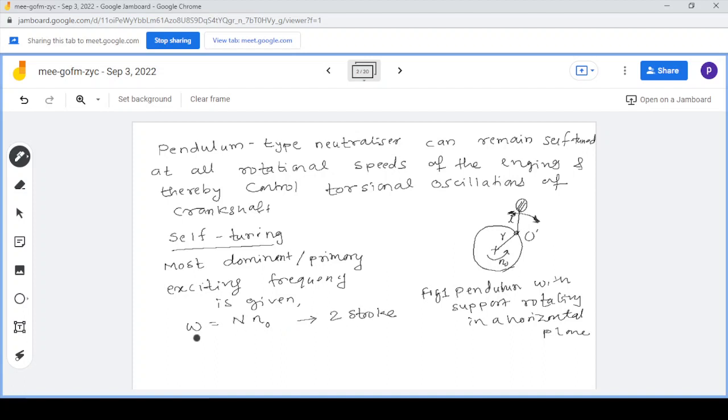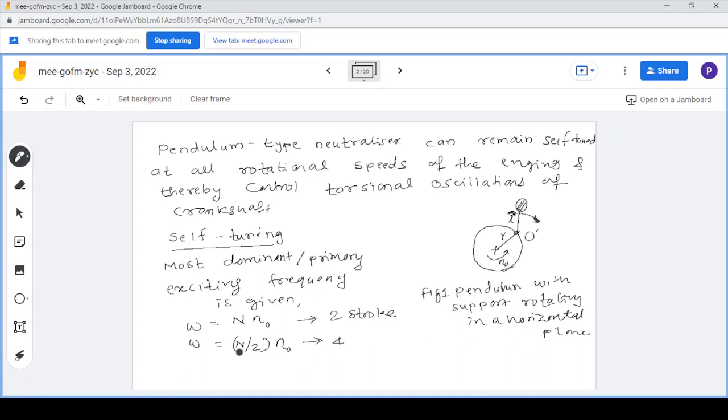So what is this omega? Omega is the angular velocity, or we can say the excitation frequency, and it depends upon n into n0, and it is applicable for the two stroke, whereas for the four stroke it will be given as n by 2 into n0, whereas n0 is the speed with which this engine will rotate.